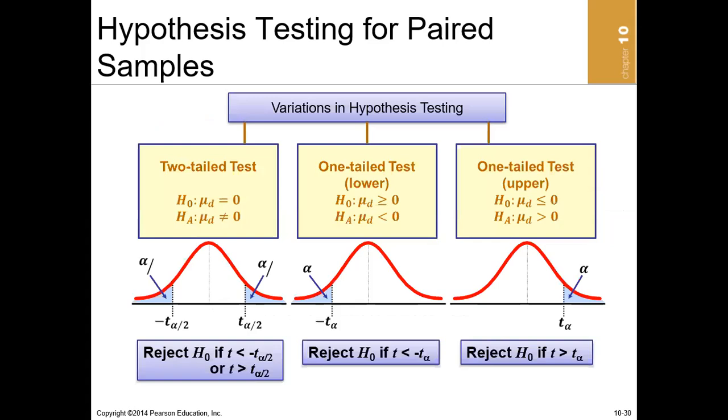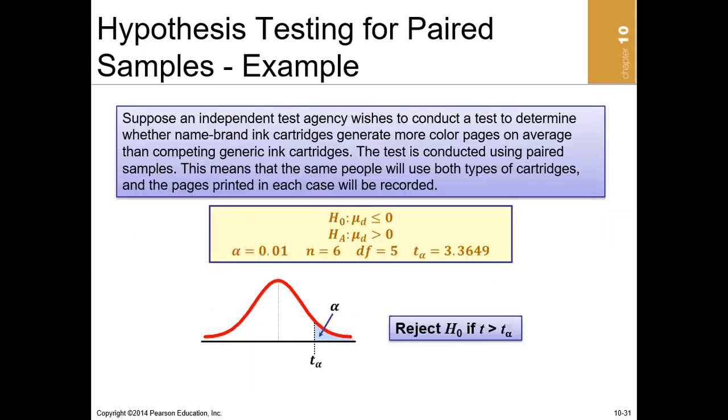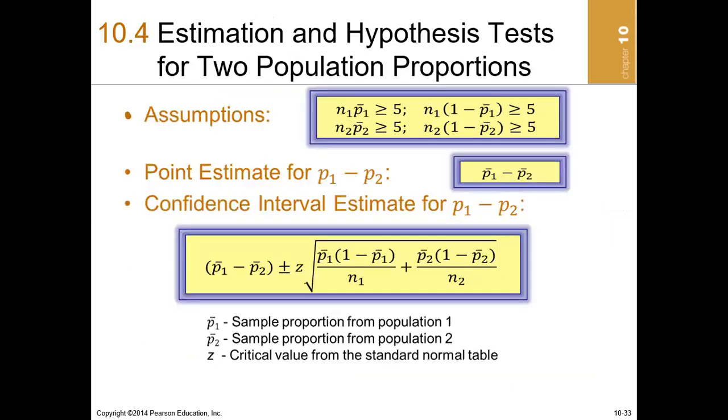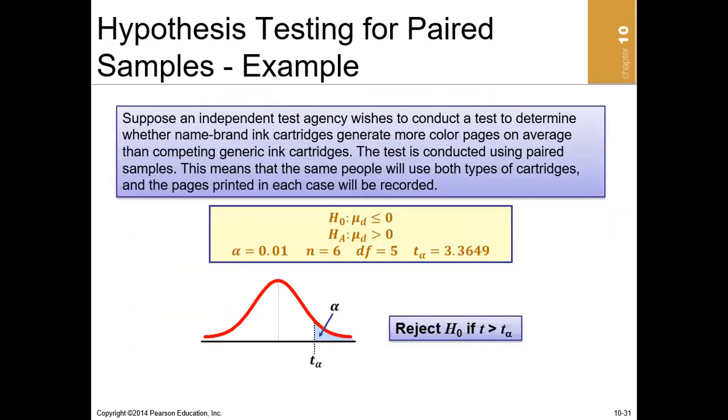So let's take an example. The example here says that suppose an independent test agency wishes to conduct a test to determine which name brand ink cartridges generate more colors on the average than the competing generic ink cartridges.